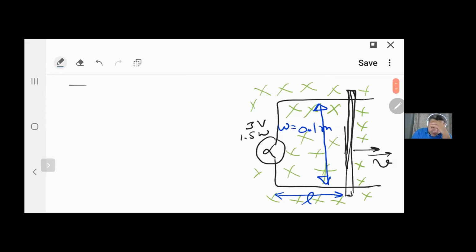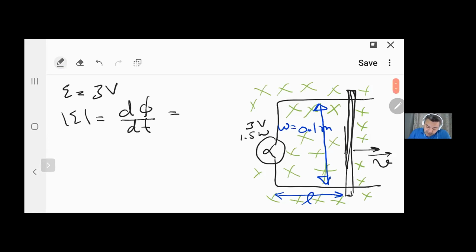Okay, so the electromotive force is 3 volts. And then we know that the electromotive force magnitude is dΦ over dt. And here, in this case, we have the motional electromotive force because the area is being changed.